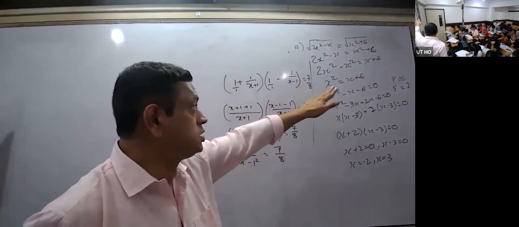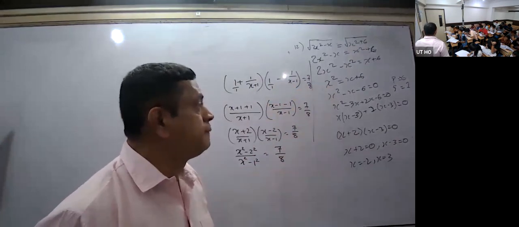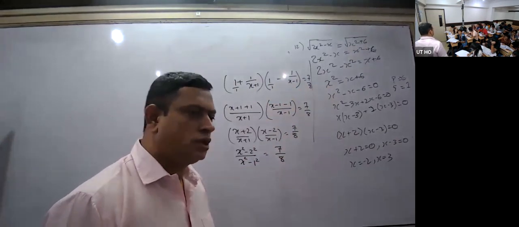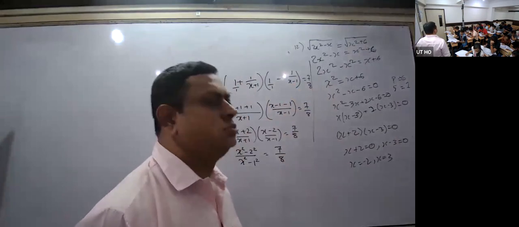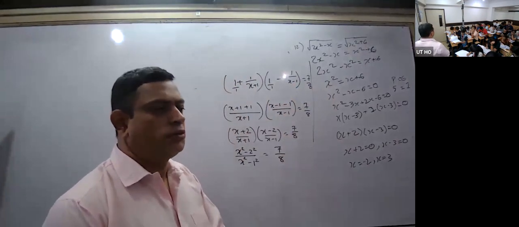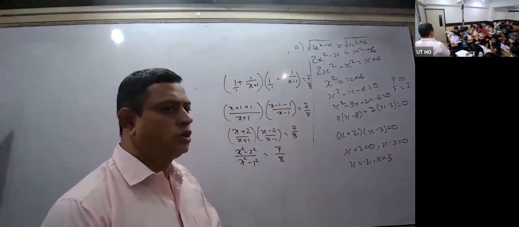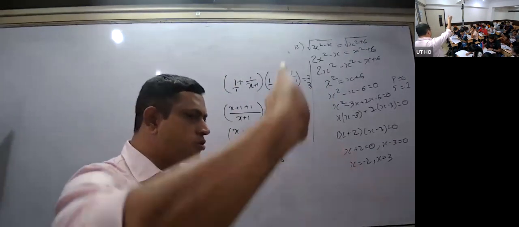Any problems? Tell. No problem. Then we are done with both. How many questions are done? 12. So out of 12, all 12 you have followed now.